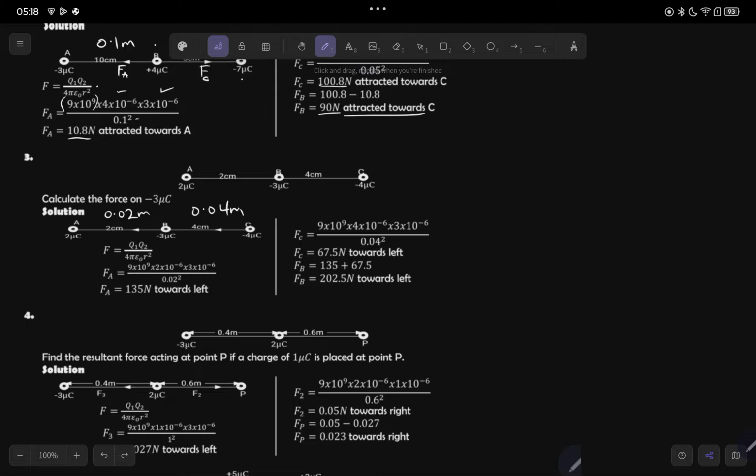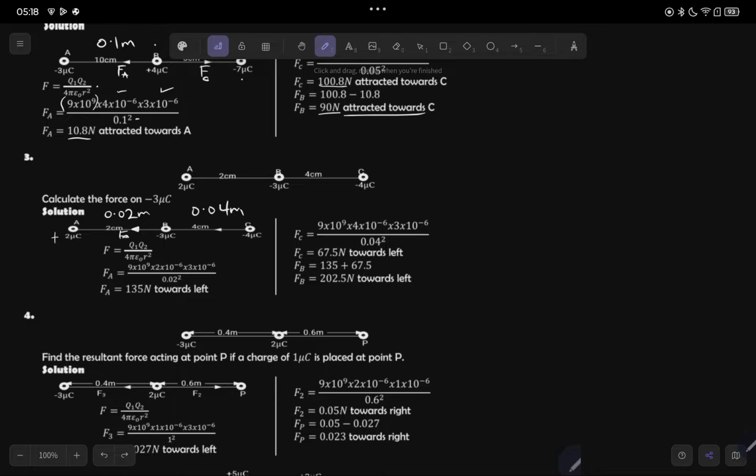Now, what happens to this? We want to find the force on the 3 microcoulomb charge. The 2 microcoulomb charge is positive at A. It will attract the negative 3 microcoulomb. So this is the force at A. It's attractive.